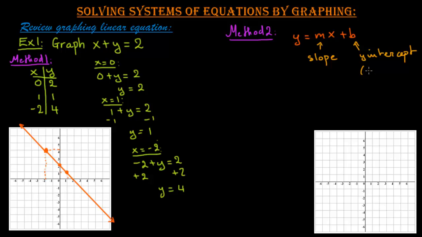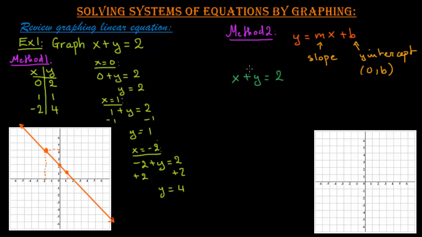The y-intercept is always in the form (0, b). Okay, let's see how we can solve this one. So we have x plus y equal to 2.